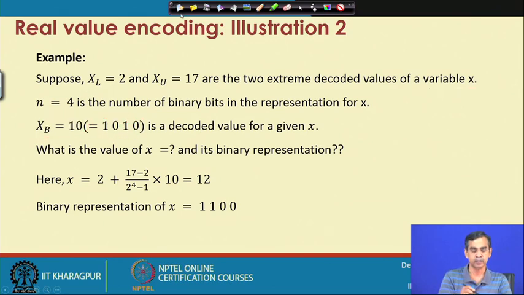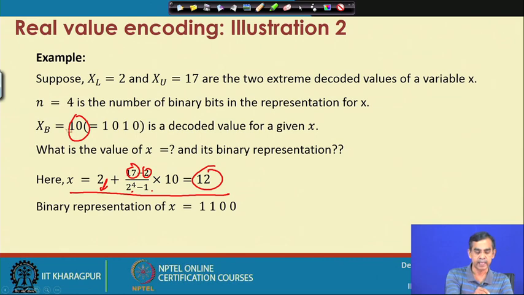Now, what will be the xp that is represented by this binary value? This can be obtained using this formula: XL plus (XU minus XL) over (2 to the power n minus 1) times the current value xb. So it is 12. That means this xb, which is 10, actually represents 12.